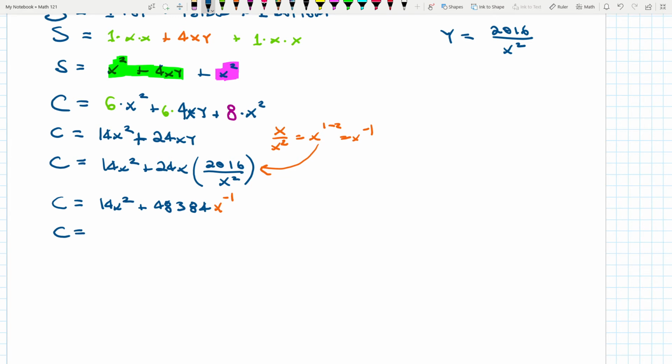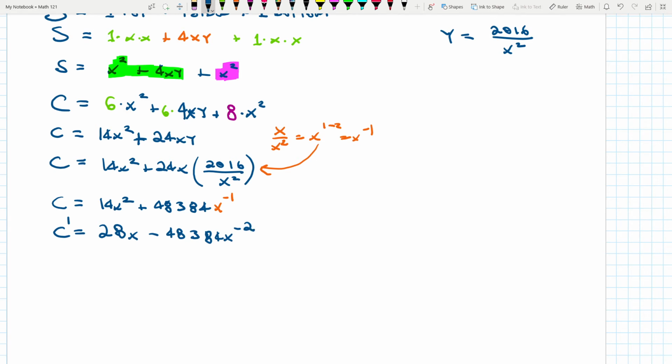C equals to, okay, we're ready to differentiate. C prime is 28x minus 48,384 x to the negative 2.